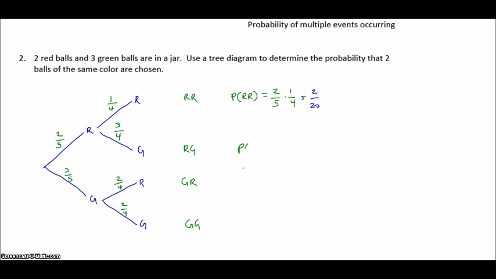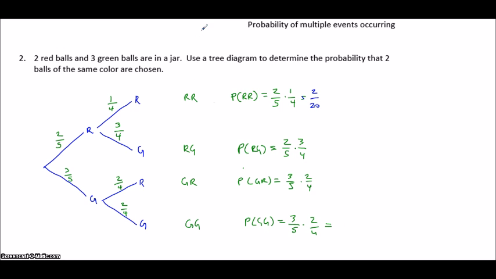And similarly, the probability of RG, we multiply down the branches, we're going to get 2/5 times 3/4 for this one. Probability of GR, now we're in this branch, 3/5 for that first G times 2/4 for the R. Then the probability of GG is going to be 3/5 times 2/4.